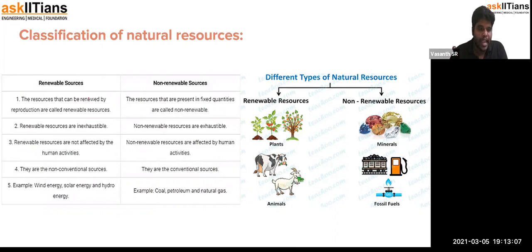The resources that can be renewed by reproduction are called renewable resources. So any material which can be made available in the environment, in nature or in the biosphere by human activities, we call renewable resources. The resources that are present in fixed quantities are called non-renewable resources.